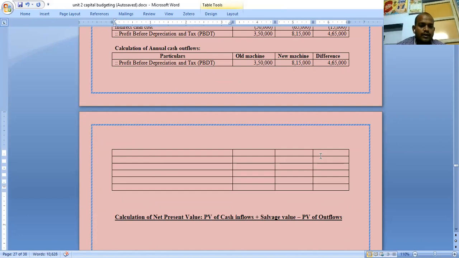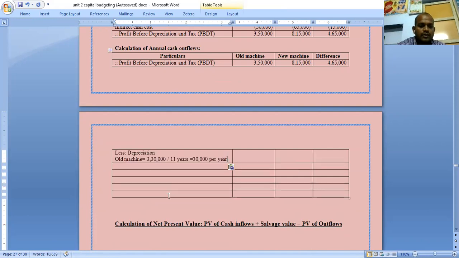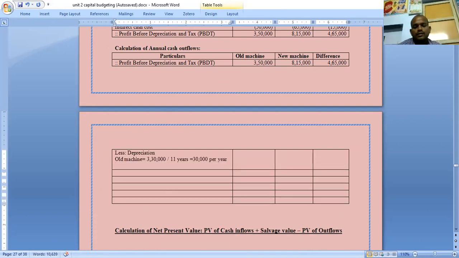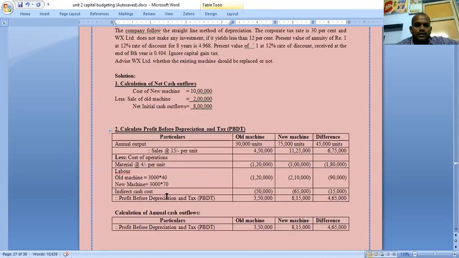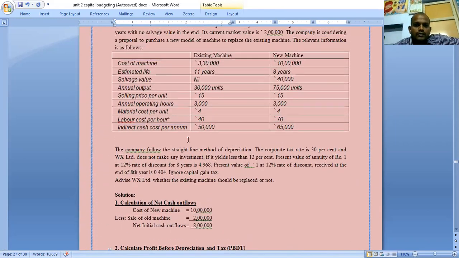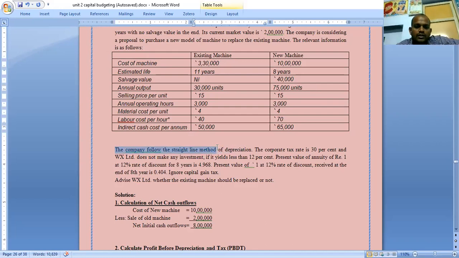So depreciation we have to calculate for old machine as well as for new machine. The book value of the old machine is 3,30,000 over 11 years. As per the rule given, we have to follow the straight line method of depreciation.